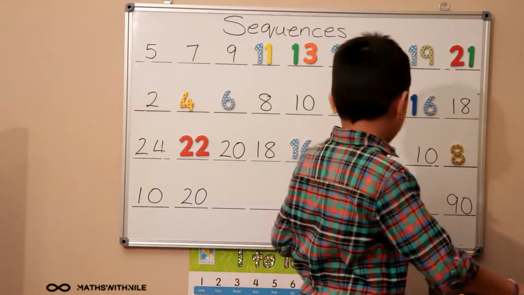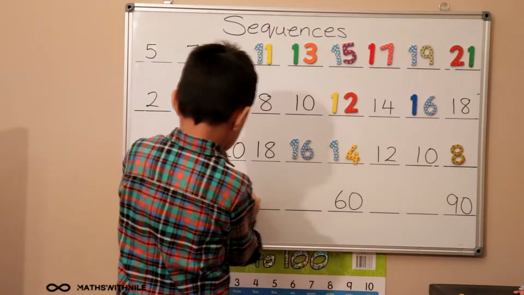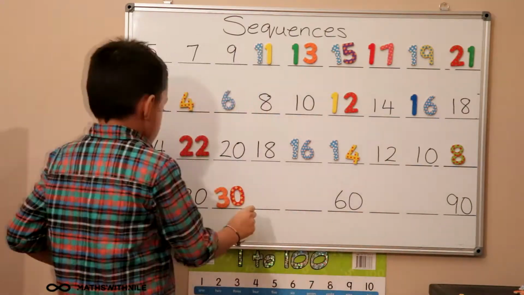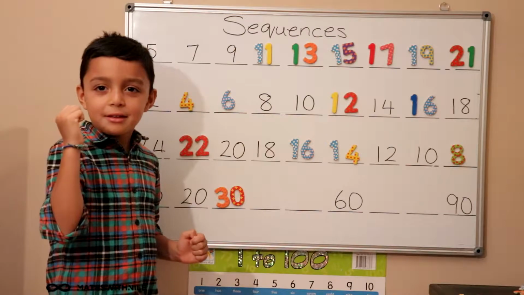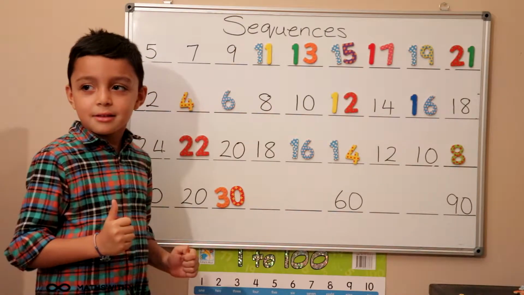3 and a 0. I think we've done another maths video about this. Very close, but a bit different.